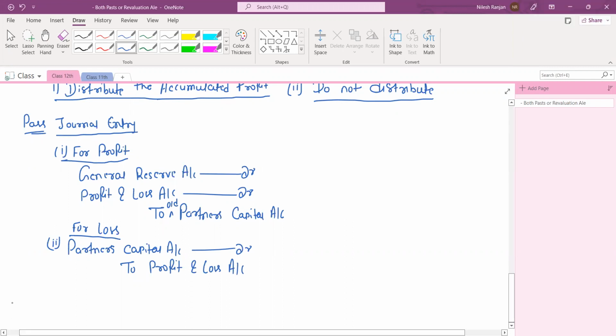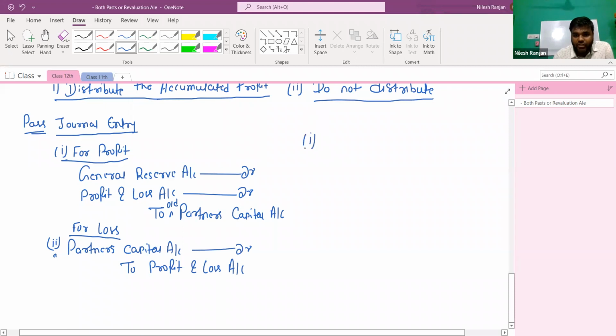Okay, sir. So if we don't want to distribute, then we don't have to pass this journal entry because we don't want to close the books of general reserve and profit and loss account. Then we have to adjust only the capital accounts of partners. So we pass only one journal entry in which C's capital will be debited.